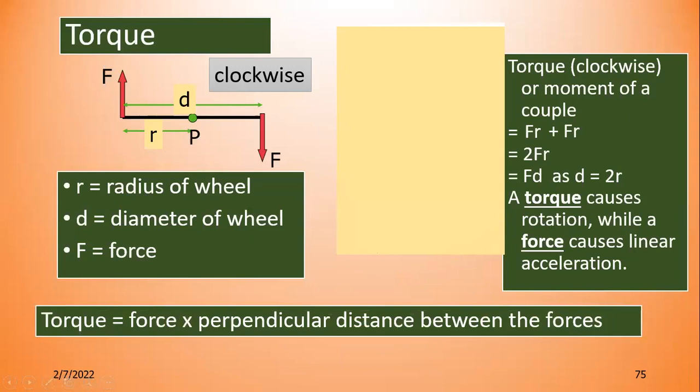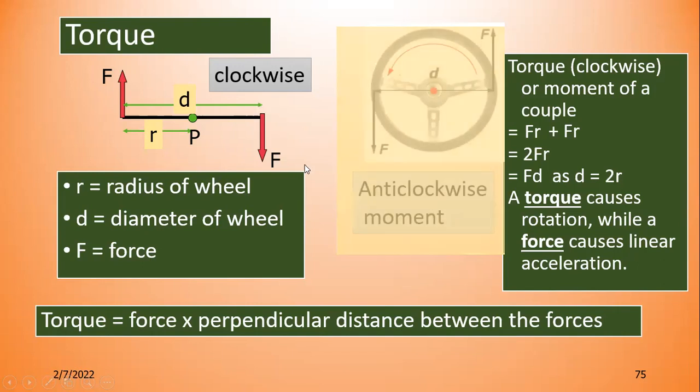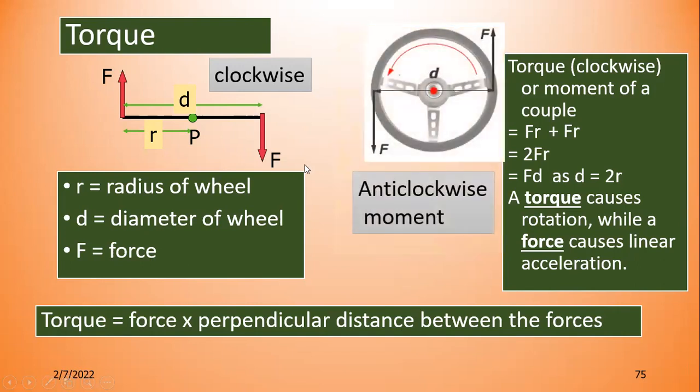So we can either derive it, or we can call the torque the force and the perpendicular distance between the forces itself. Like this, elementary, calculate one by one, or we can take one force and the perpendicular distance between the forces. That's the torque of a couple. In this case it is clockwise, this case is anti-clockwise.